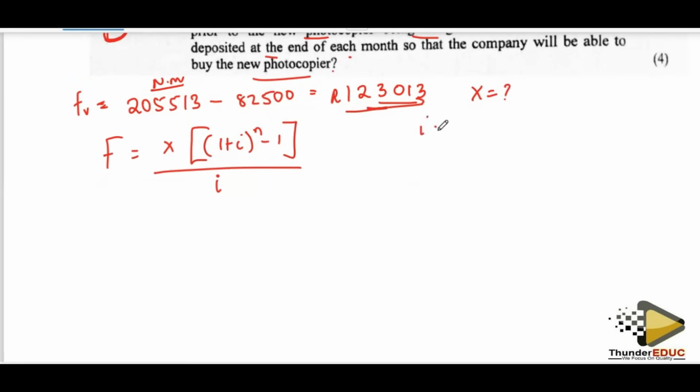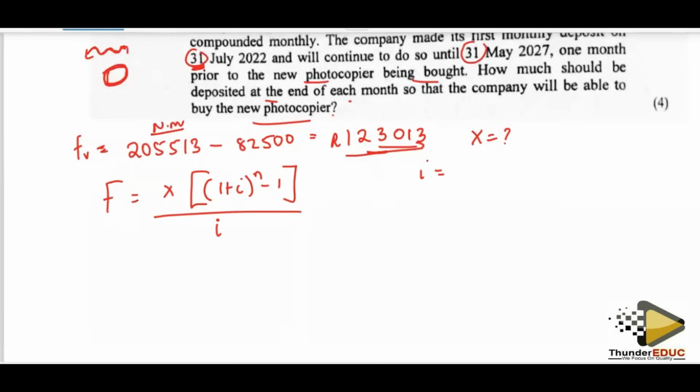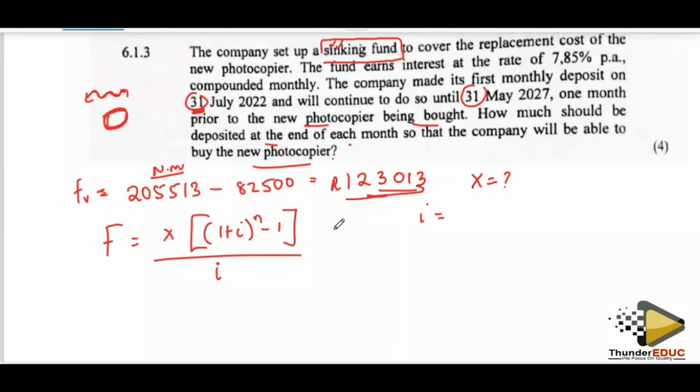And then the interest rate, they told us it is 7.85% compounded monthly. Multiply that by 12, it's fine. And then my n.